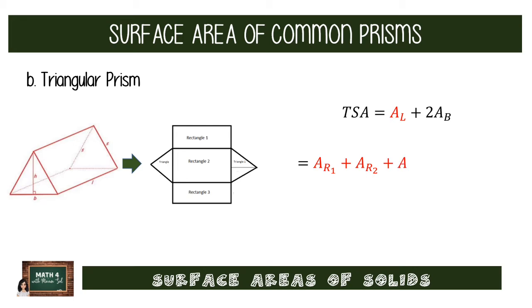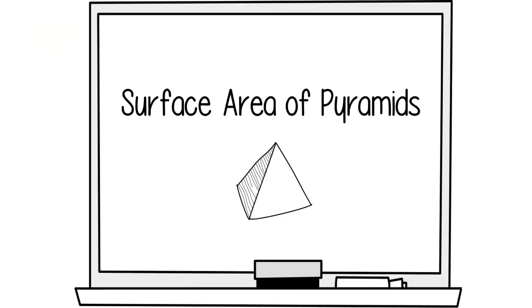Also, we get the area of each of the rectangles, so that will be the product of the respective lengths and widths of each of the rectangles. If the rectangles are congruent, then we just have to get the area of one rectangle and multiply it by 3. Basically, for prisms, we get the area of the two bases and add it to the sum of all the lateral areas. We then proceed to obtaining the surface area of pyramids.